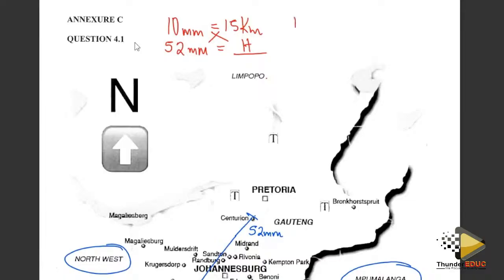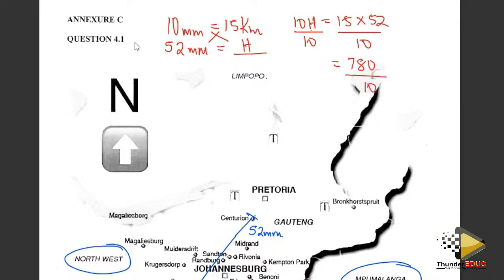So it will be 10h equals 15 times 52. Because you're looking for h, you divide through by 10. The answer becomes 780.